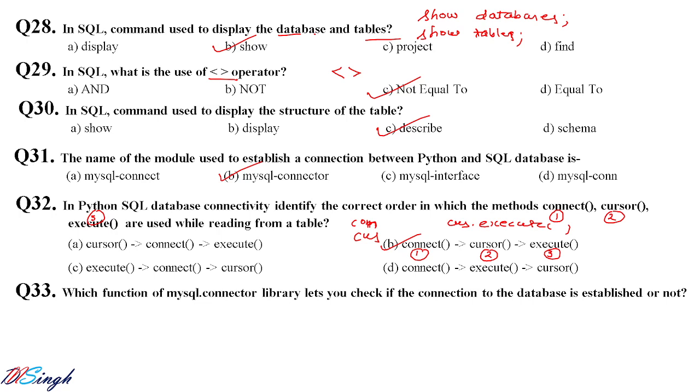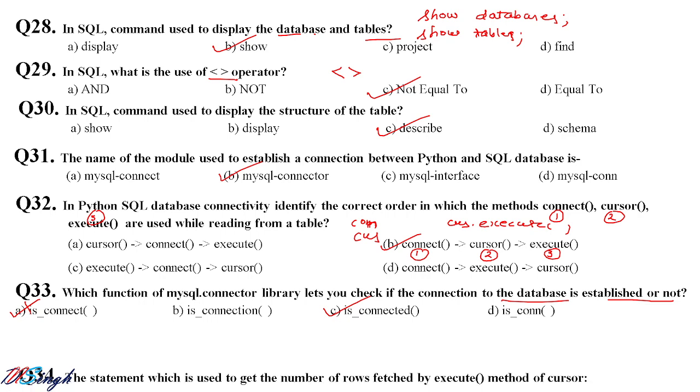Which function of the MySQL connector library lets you check if the connection to the database is established or not? There is a function called is_connected. No, is connect is wrong. The is_connected function is correct. This is going to return true if your database is connected properly, otherwise it is going to return false.